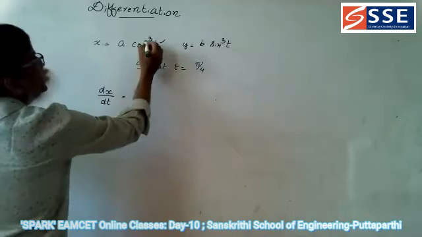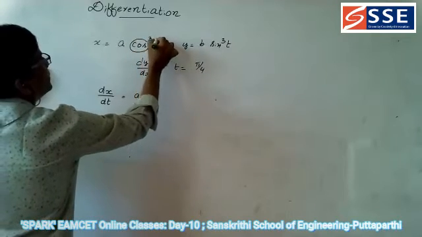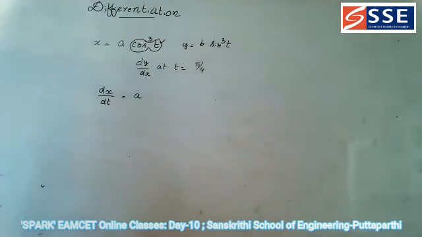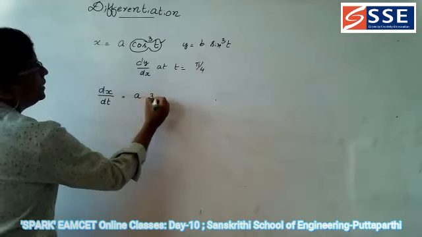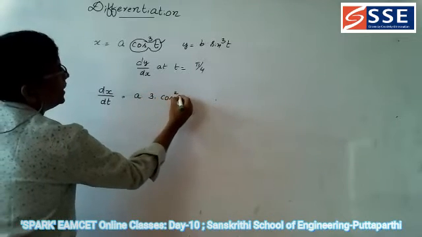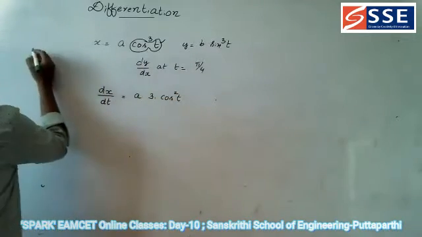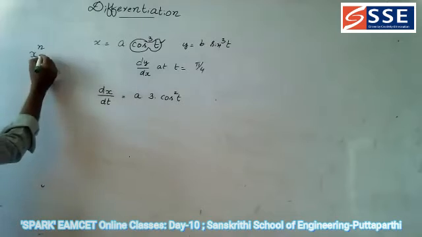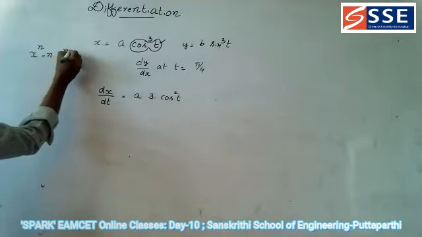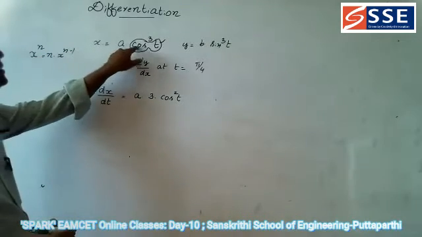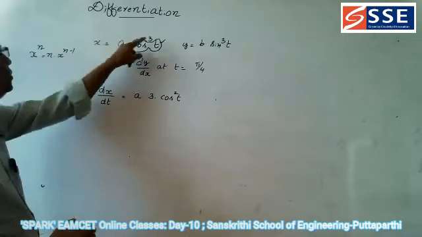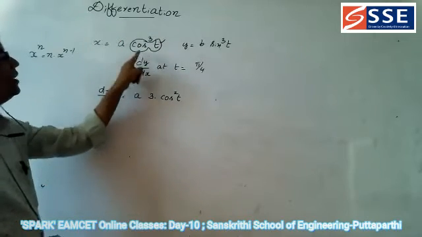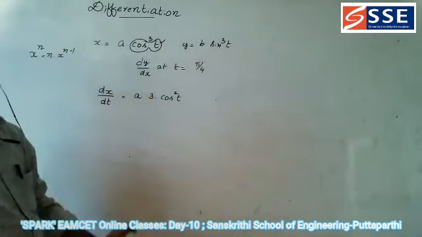Cos cubed t: the formula is n into x power n minus 1, so the power comes down, 3 into cos square t, and 3 minus 1 is square.